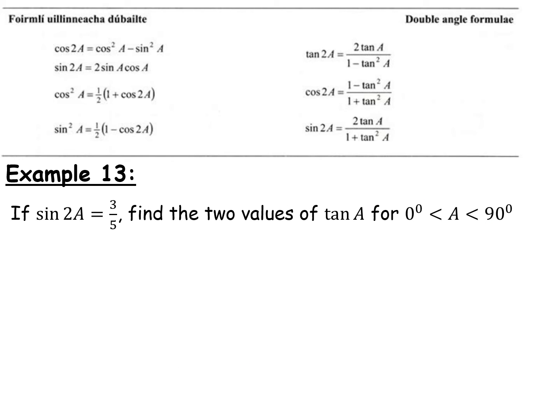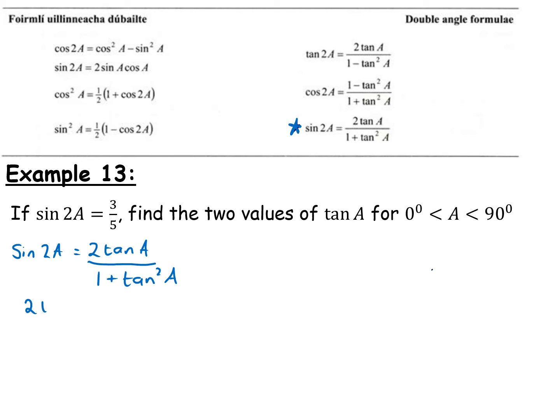So example 13, if sine of 2a is equal to 3 over 5, find two values for tan of a where a is between 0 and 90 degrees. So the first thing we want to do is find a formula that converts sine of 2a into tan, and we're going to use this formula here. We get sine of 2a is equal to 2 tan of a all over 1 plus tan squared a.